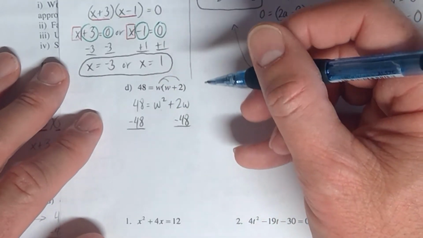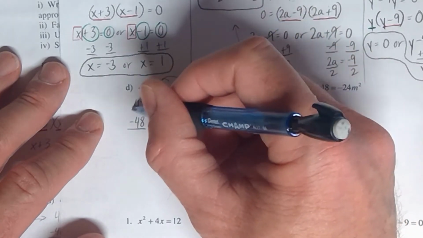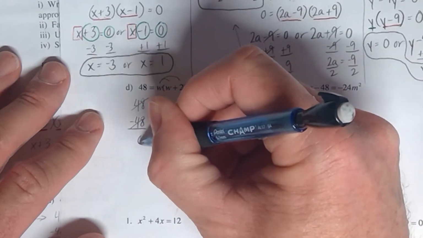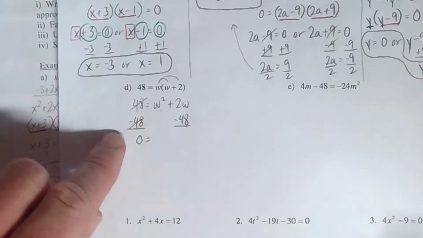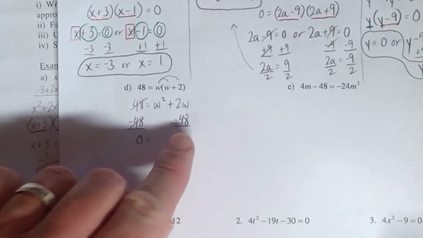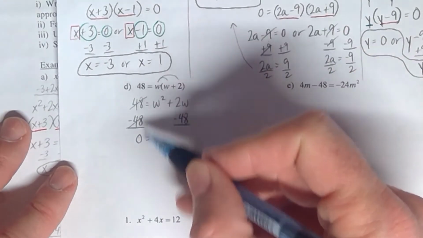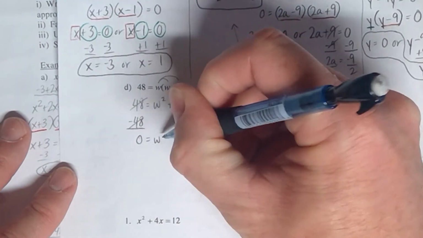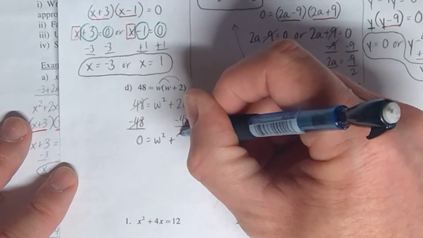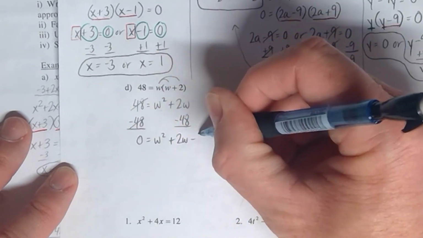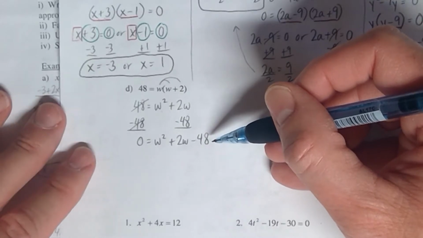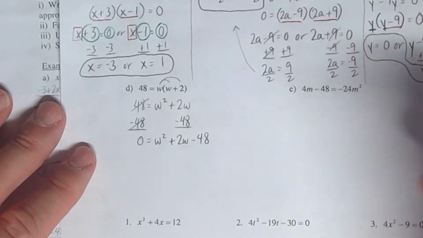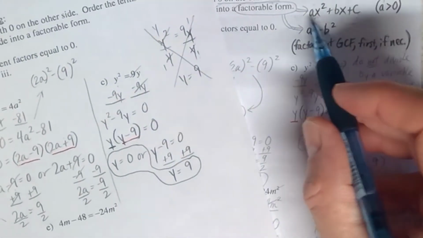So I move the 48 over, and that makes that 0 right there. And remember, after you clear out the parentheses, the way you move the terms over is to add or subtract them over. Make sure to put the terms in the correct order: the w squared goes first, then the w, and then the term that doesn't have any variable in it goes last.